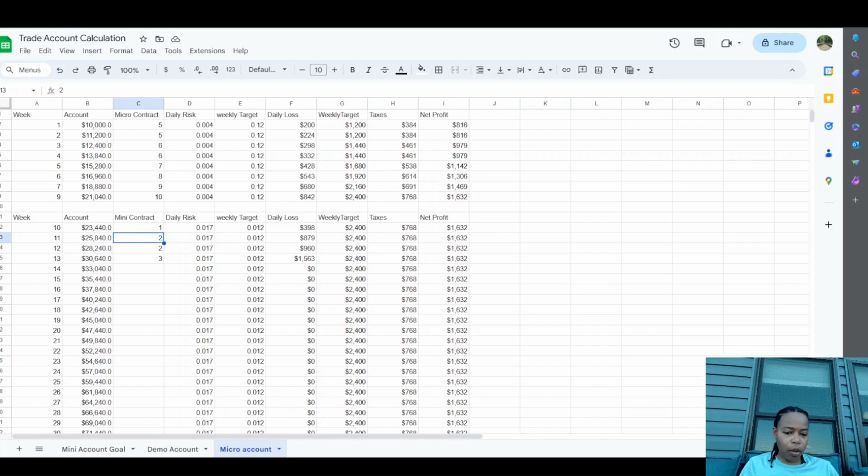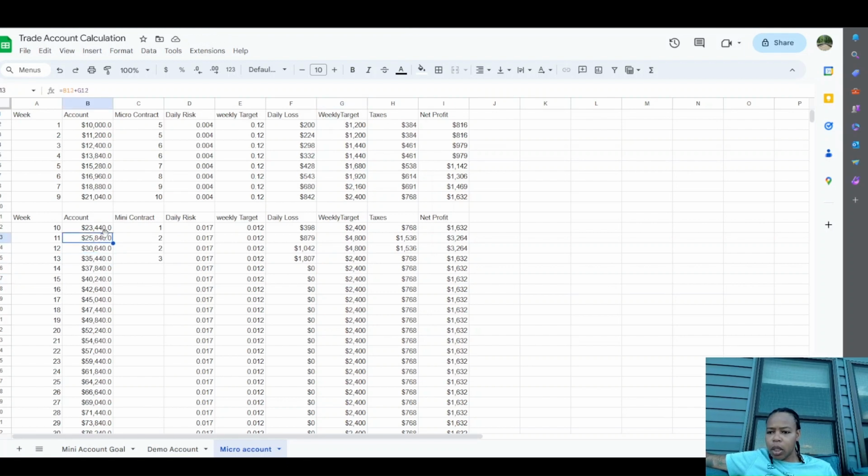So that puts us at 4,800. You can see how this starts to snowball, right? So 4,800, 2 contracts.